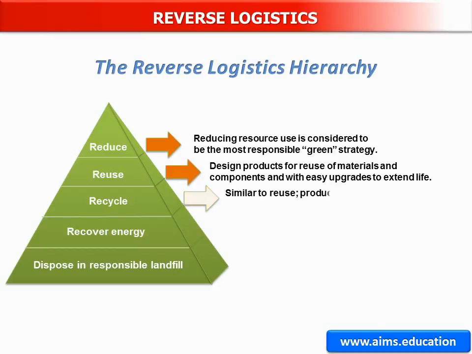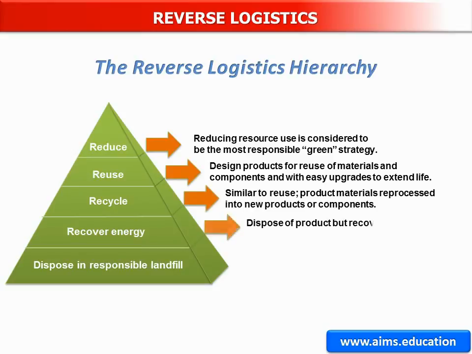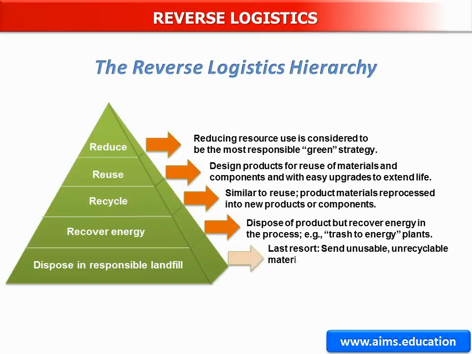Similar to reuse, product materials are reprocessed into new products or components. Dispose of the product but recover energy in the process, for example, trash to energy. Finally, unusable and unrecyclable materials and components are sent to a responsible landfill.